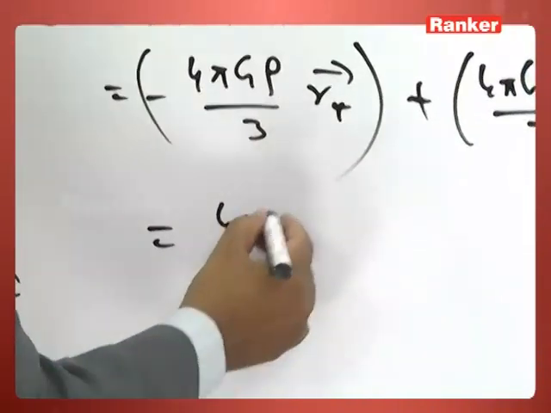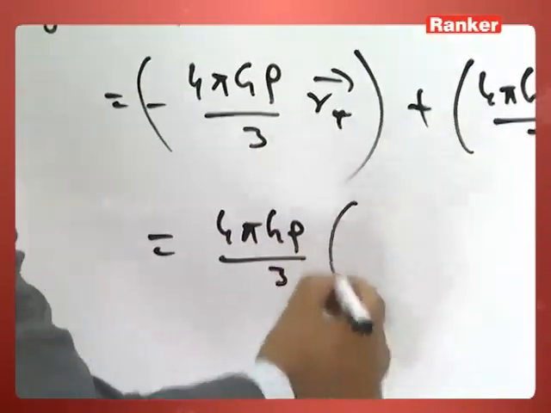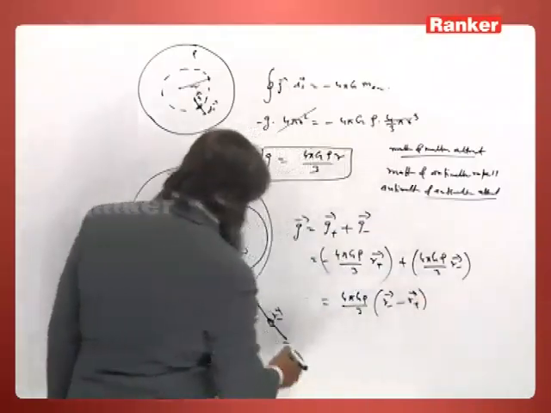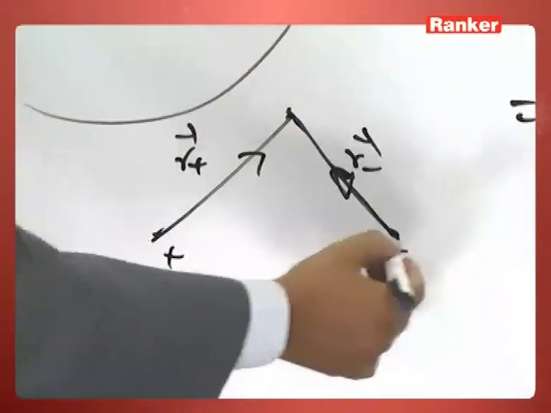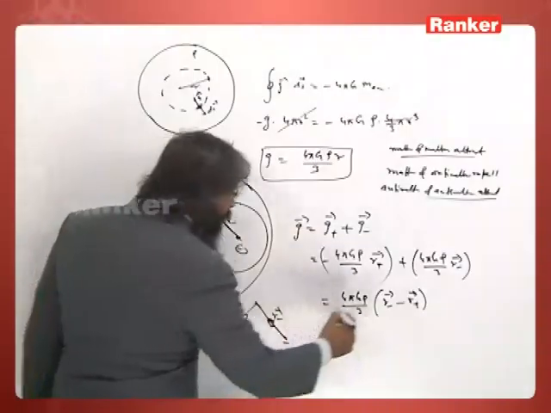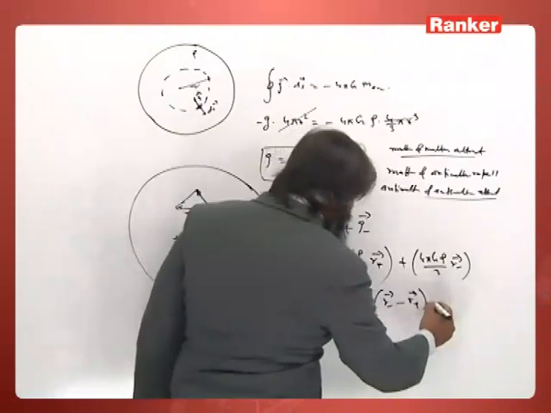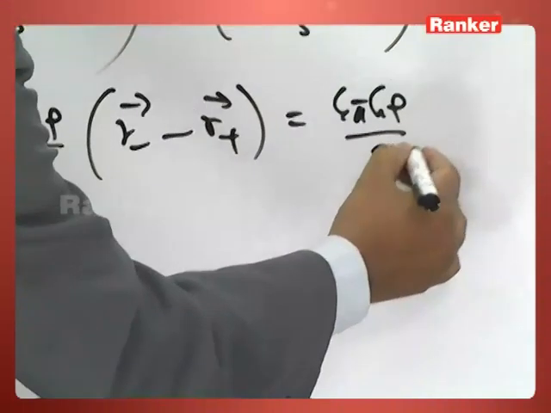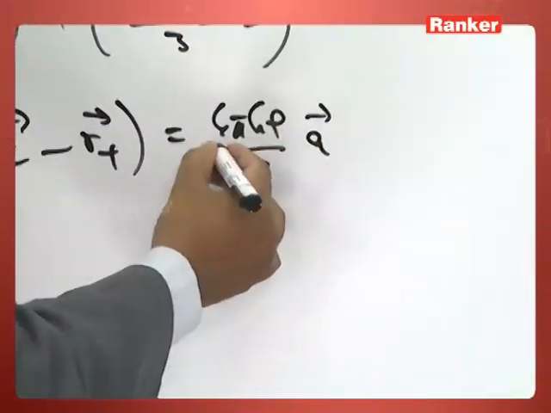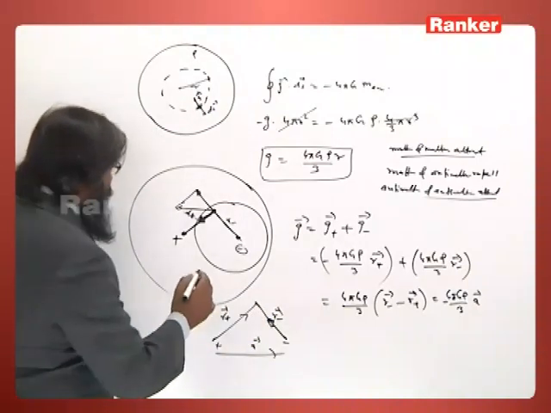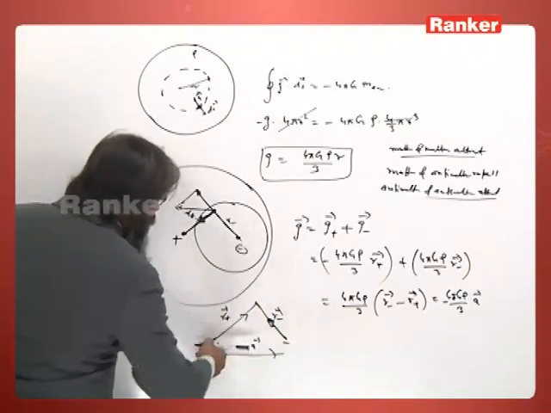So we have 4πGρ/3 common, times r minus vector minus r plus vector. This vector minus this vector is actually minus a vector, so this is equal to 4πGρ/3 times minus a vector, where a vector is the vector between the centers.